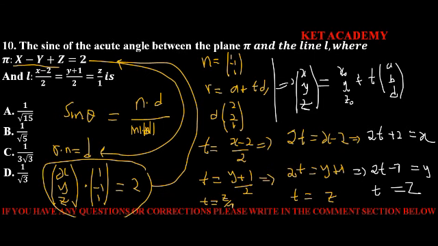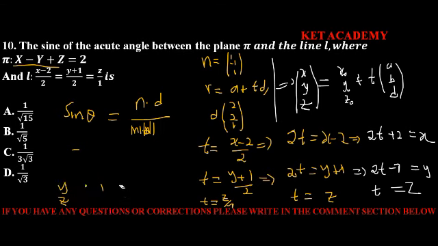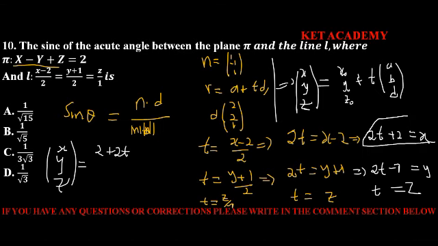So if we do that, x, y and z will be equal to: here x is 2 plus 2t, y is minus 1 plus 2t, and z will simply be 0 plus t.